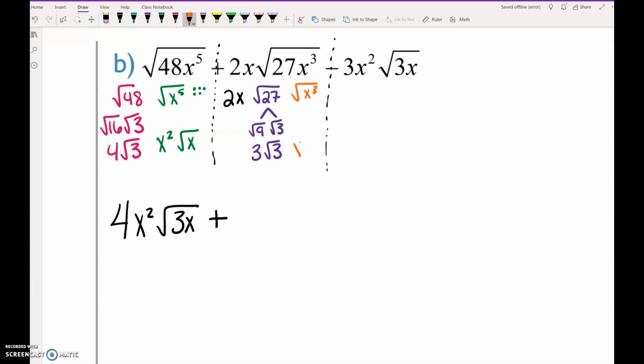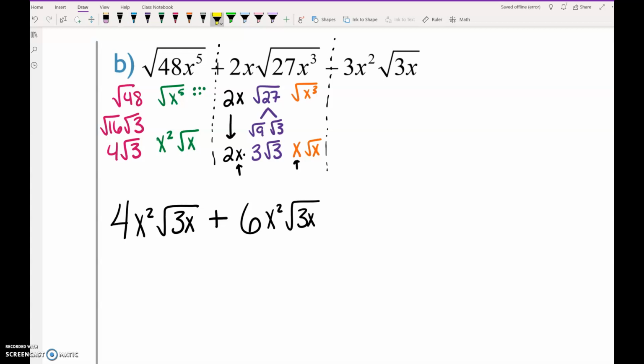That would be 1 full group of 2 with 1 left over. And don't forget we have the 2x that was in front of the problem originally. We multiply the 2 and the 3 to get 6. x squared, and then x squared, because there's the x here and an x over here. And then square root 3x.